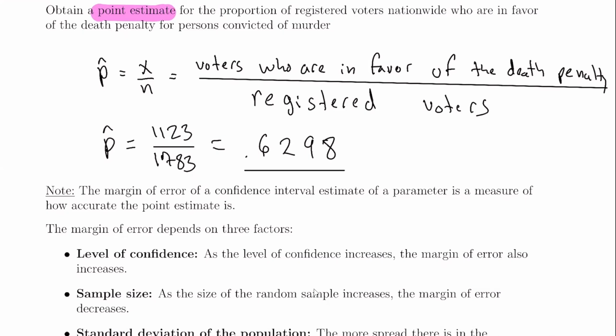The good thing about having a small margin of error is that it narrows down the possibility of what it could be. But when you have a big margin of error, think about going back to flipping the coin and finding out what proportion of the time it lands on heads. If I were to tell you the proportion could be anywhere from 0% all the way to 100%, am I going to be right?